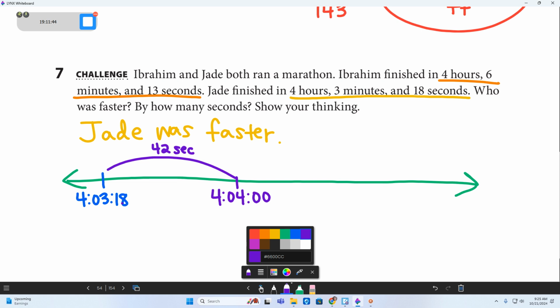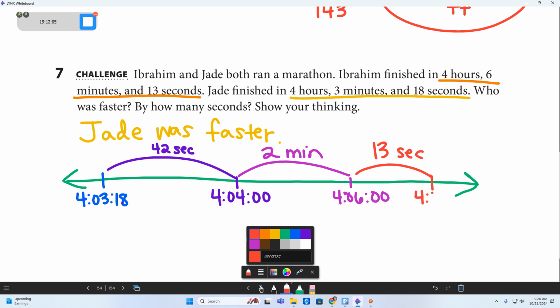And I need to jump up 2 more minutes to get 4 hours and 6 minutes. And then I need to jump up 13 more seconds to get 4 hours, 6 minutes, and 13 seconds.